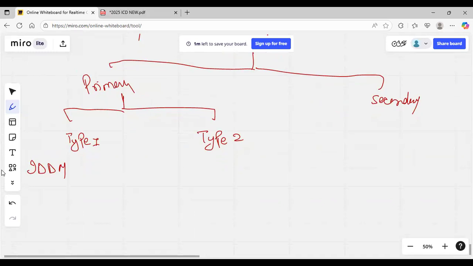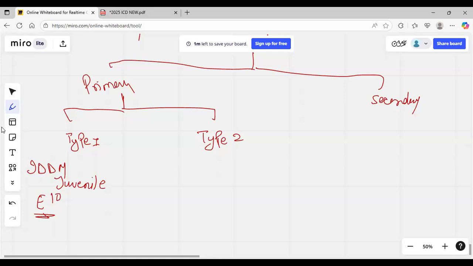Type 1 diabetes codes start from E10. It is also known as juvenile diabetes, a type of diabetes where the patient starts getting the disorder before reaching puberty or adolescence. So if the patient has type 1 diabetes, we use a code from series E10.